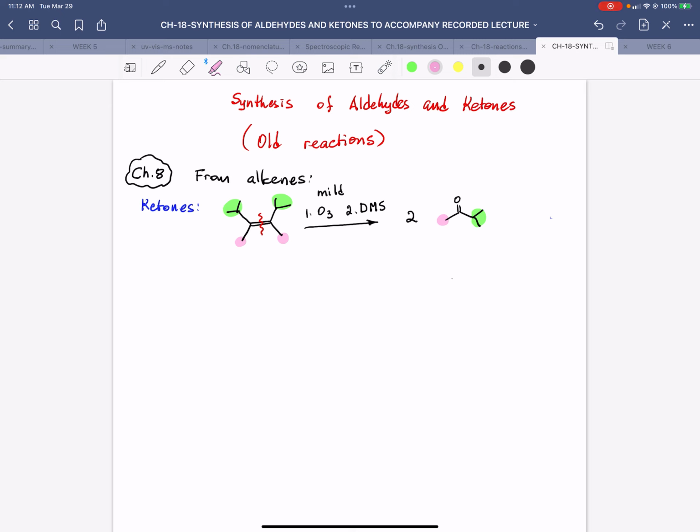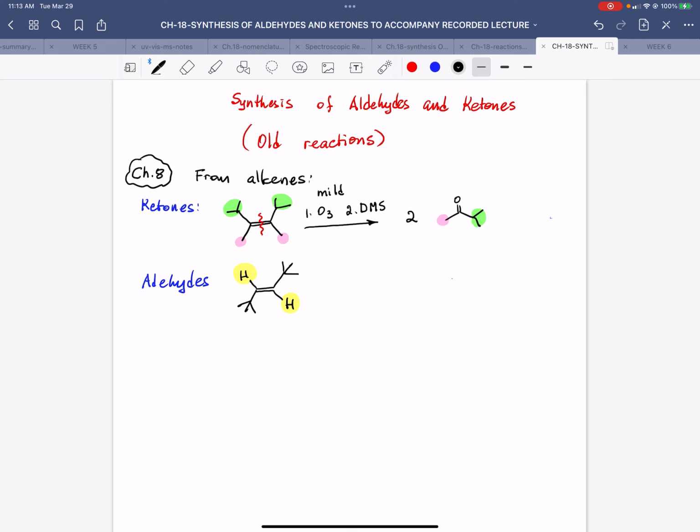However, if we are making an aldehyde, we will start with the symmetrical alkene again, but we want to make sure that one of the positions on the alkene is still not substituted. So, the presence of these hydrogens will be very important. And the type of the reactions that we will perform will also be very important here.